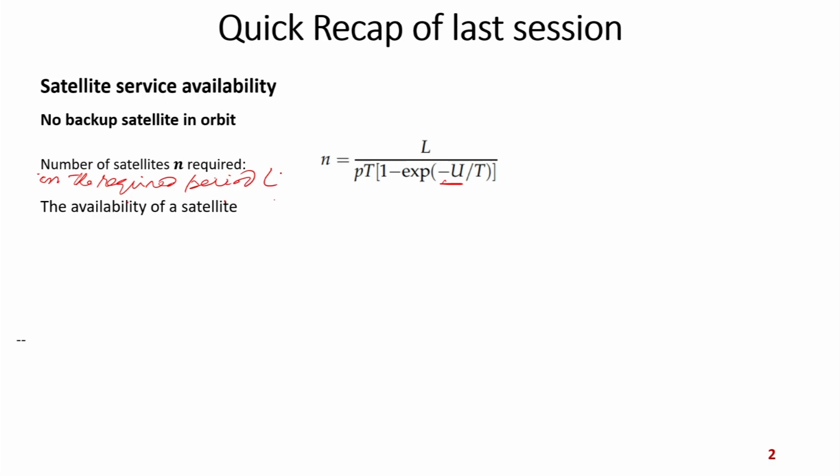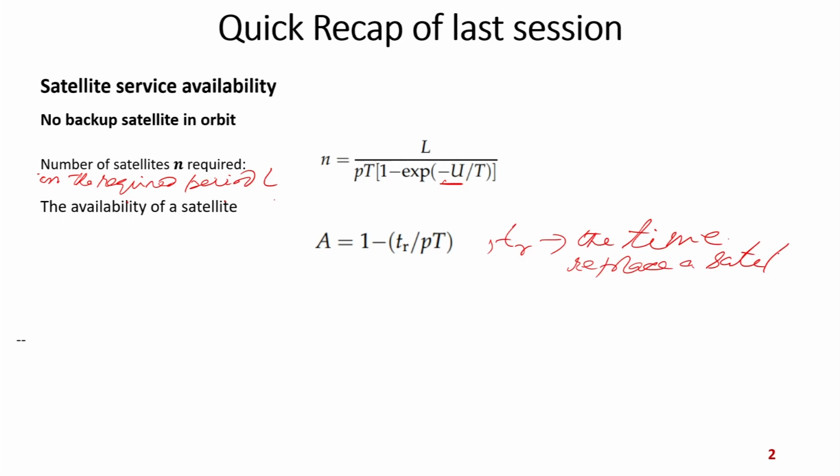And then the availability of the satellite we expressed by this expression, where TR is the time required to replace a satellite, and P and T are the same as used in this equation.